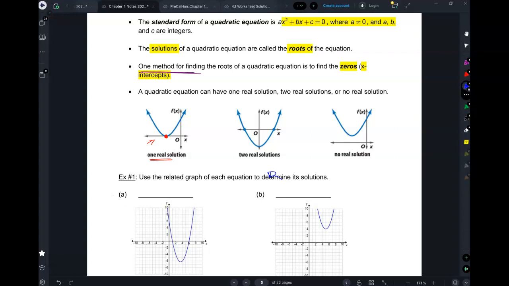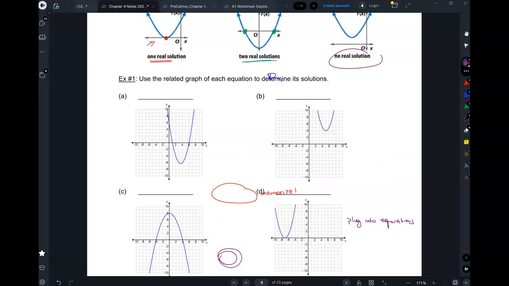Or the parabola might hit the x-axis at 2 points. Those have 2 real solutions. Or if the parabola just floats on top or at the bottom, then this has no real solution. Okay, questions on this? All right.